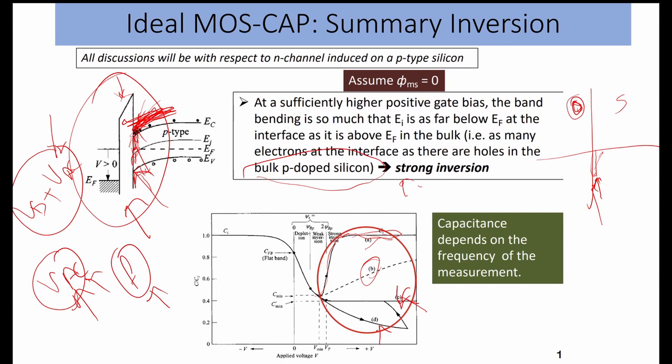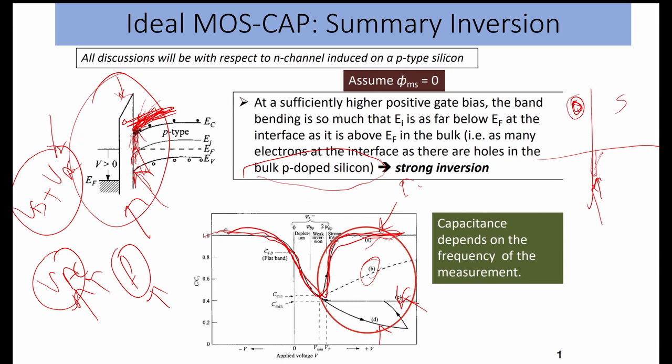Okay, so if it is following, if the frequency is low, then the CV graph will look like this. But if the frequency is too high, it cannot follow the coming and going.